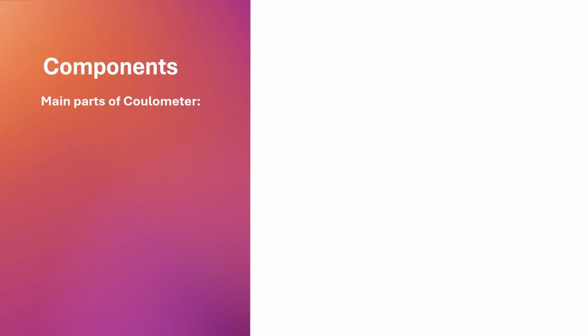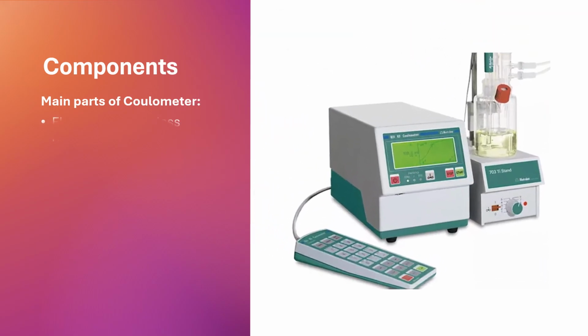Now here we will discuss the different components of the coulometer. First one is the electrolysis cell, the glass reaction vessel. This is the electrolysis cell, and then the reference electrode, which dips into this glass reaction vessel.